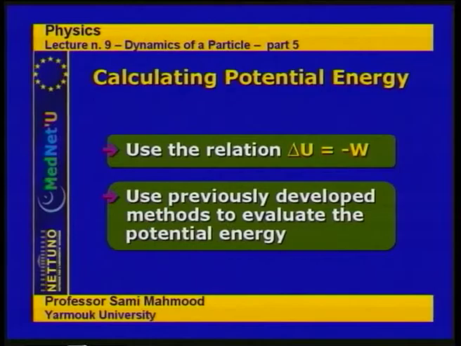In order to do so, we use the definition delta U equals minus W, and we use the previously developed methods for evaluating the work, because we have learned previously how to calculate the work done by a force if we know the force. And by calculating the work done by the force, we can calculate the change in the potential energy.